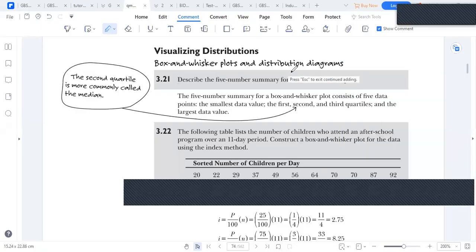So we're going to look at the visualizations of these distributions and how you're able to tell from just the distribution how a distribution that is skewed to the left and skewed to the right looks like.